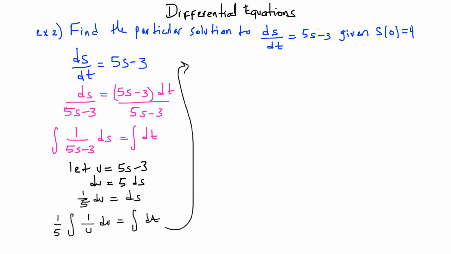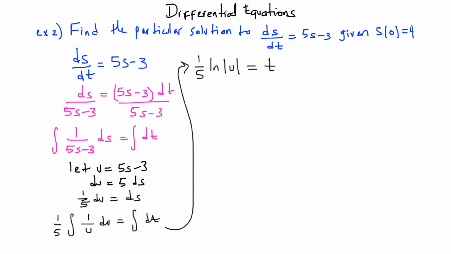So now we have 1/5 times the integral of 1 over u. That's simple enough. It's the ln of the absolute value of u. Now remember, this integral has a plus c, but I'm not going to write it in. I'm just going to keep it in mind. Equals, now I integrate dt. I'm actually integrating 1 dt, and the integral of 1 dt is t.